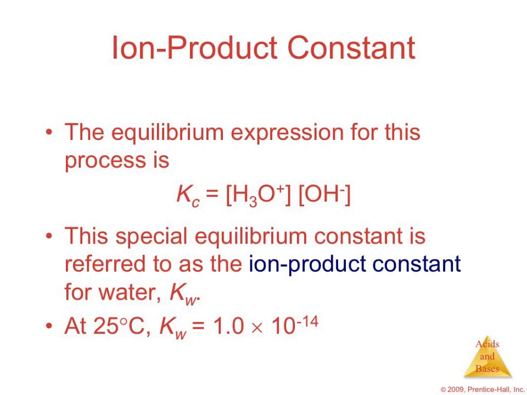If you set up the equilibrium expression, it's all one-to-one stoichiometry. So if H plus is x, then so is OH minus. So 1 times 10 to the negative 14th equals x squared.